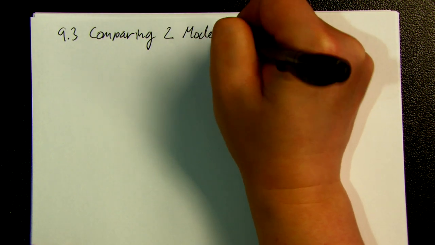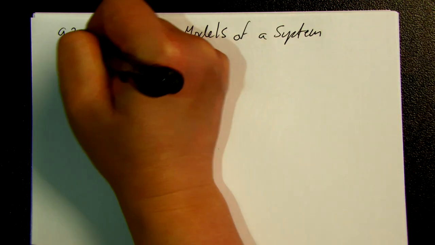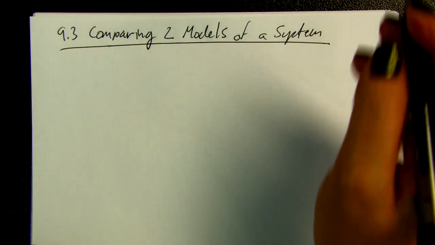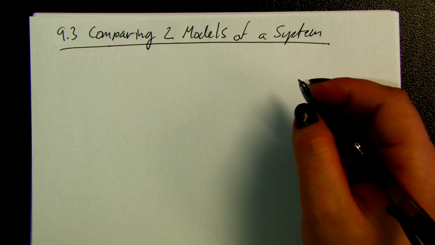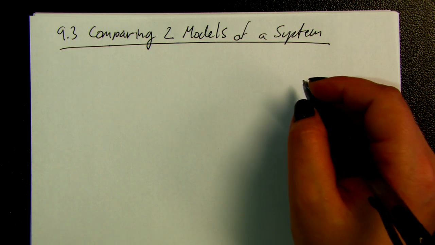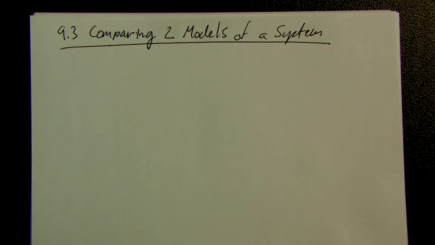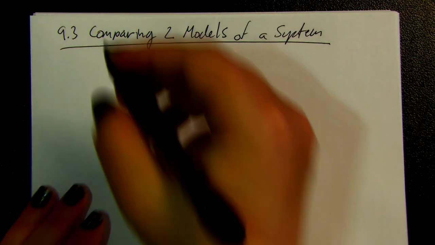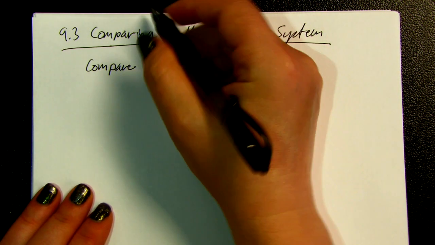We're going to be continuing in Chapter 9, looking at the energy system. Now we're going to be comparing two models of a system. So we've talked a lot about the point particle model, which is what we have used for the majority of this class. We have done some work with the extended model, and we're going to be comparing it to the point particle model and see how we can use both of them together to fully learn about the motion of a system.